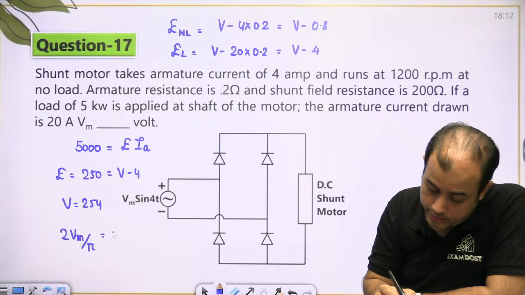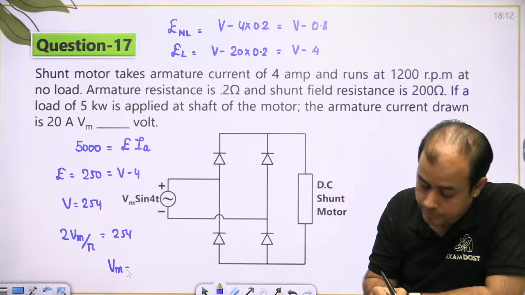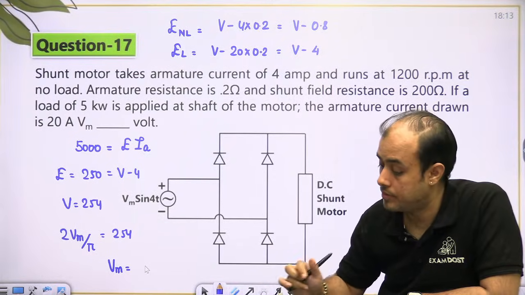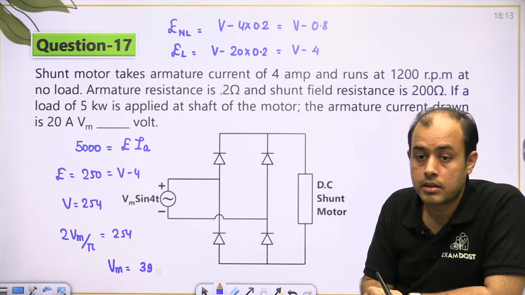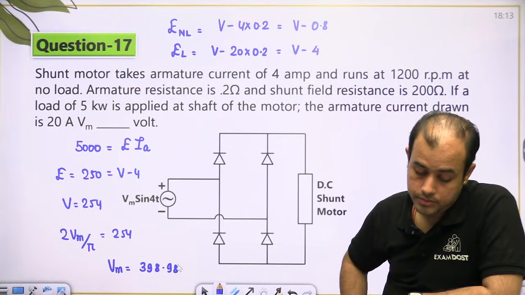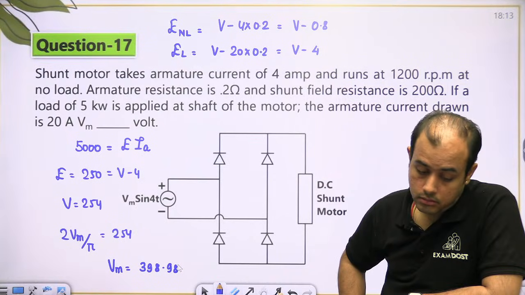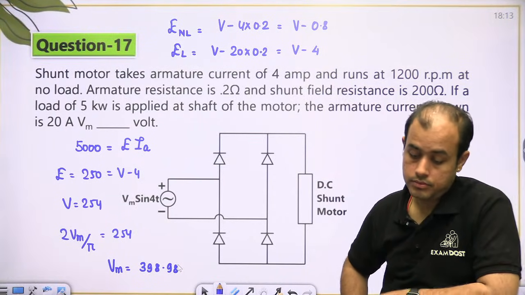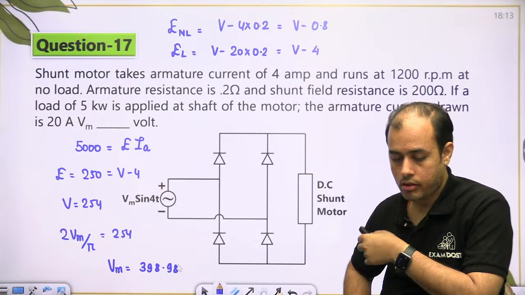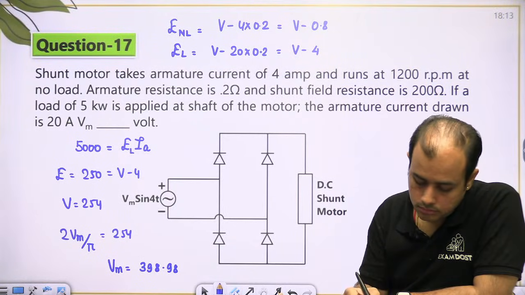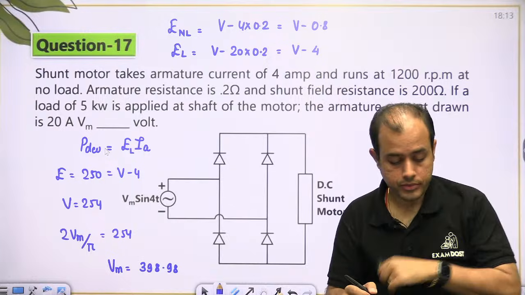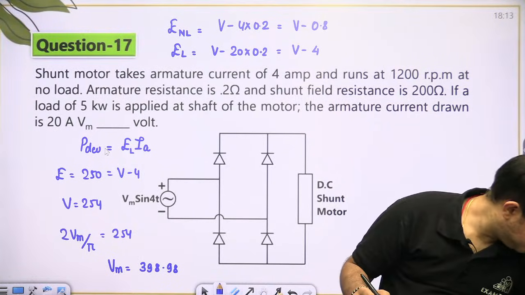It is a diode rectifier. So Vm, 254 into pi by 2, 398.98. But you have also been given the no load current, wait. Okay.